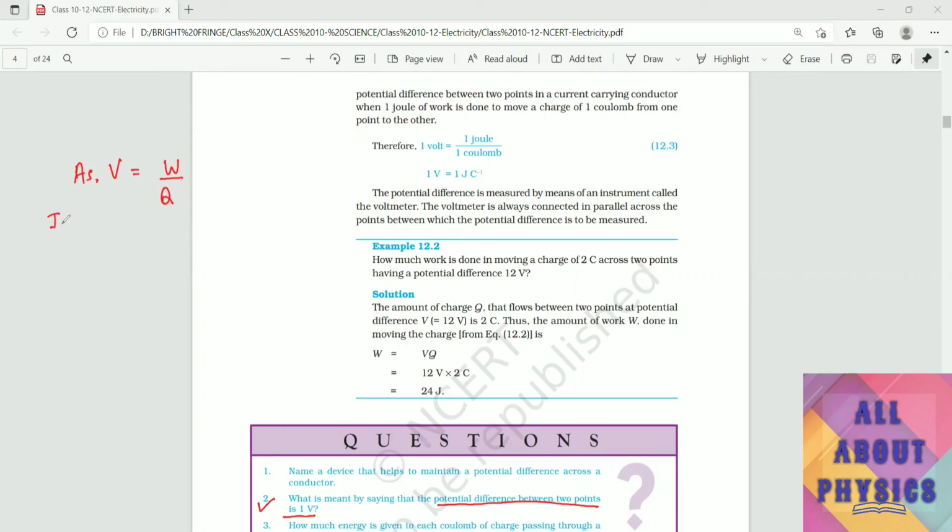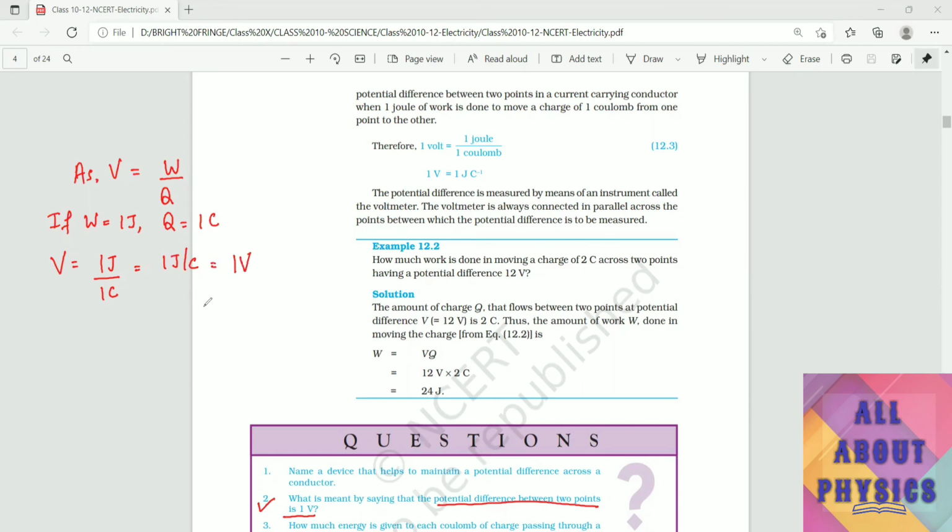So if W equals 1 joule and Q is 1 coulomb, then on putting these two values in the above relation, we'll get V as 1 joule upon 1 coulomb. It is 1 joule per coulomb. Now we know the unit of potential difference is volts. So 1 joule per coulomb is 1 volt.